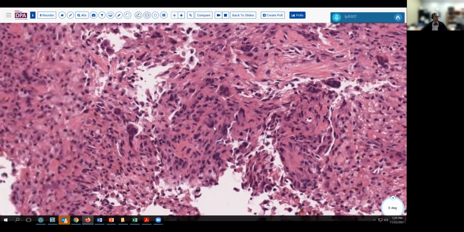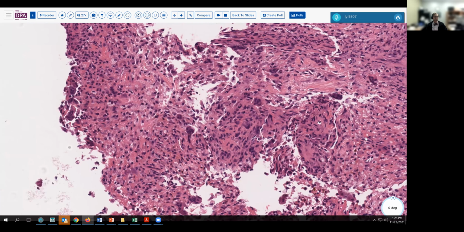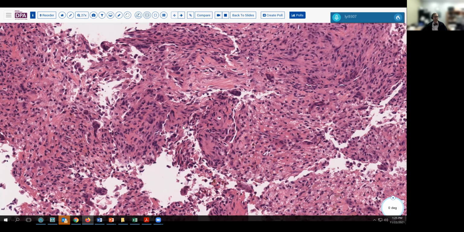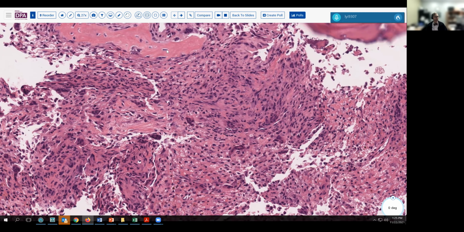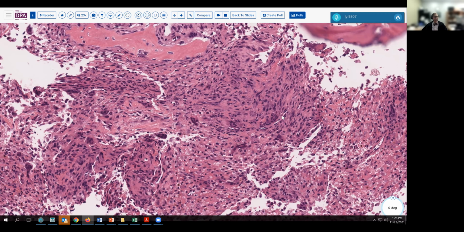And by and large, these cells, both within the giant cells and the stroma, are relatively uniform. So we can look around at some other areas and see that here's the bone. These cells look like fairly bland osteocytes.